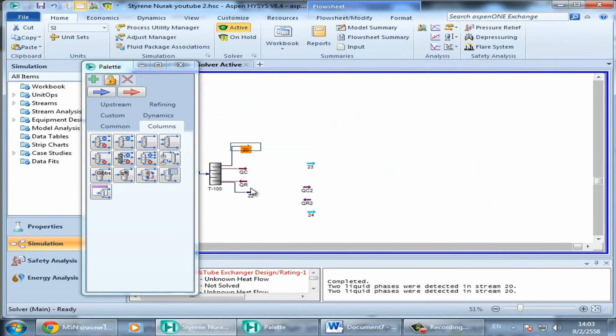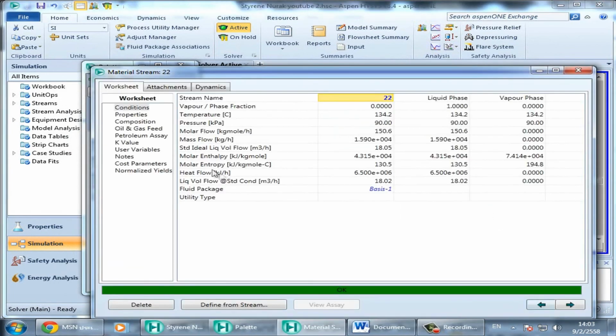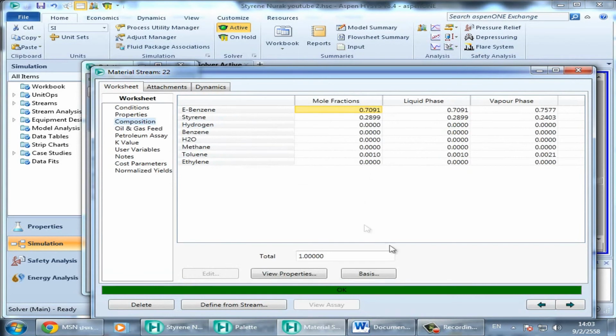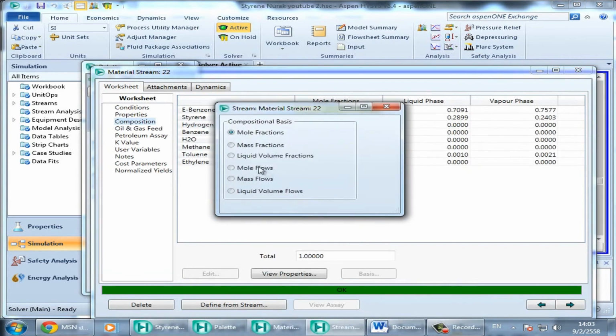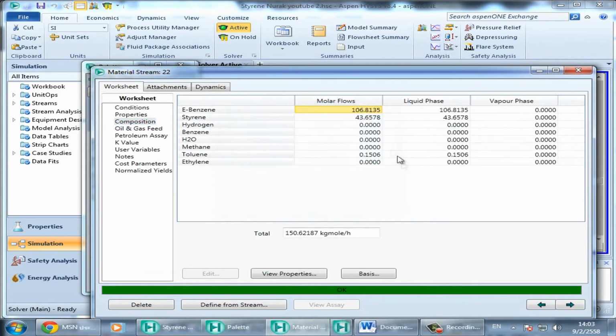How about the bottom one? We do have a lot of ethylbenzene and styrene down here.